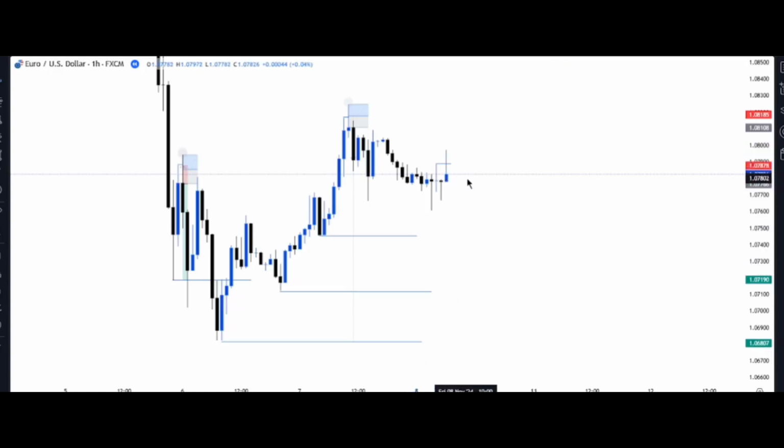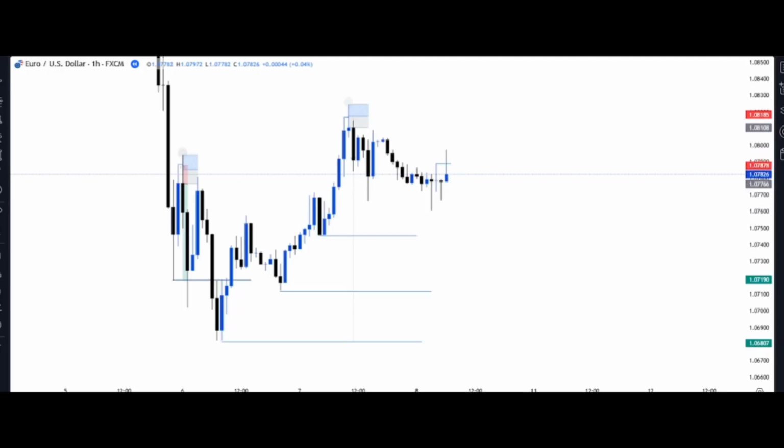It took it out. Can you see that? And then after taking it out, price closed inside of this candle range. And look at the wick of this candle that took out the high of the previous candle. It is far greater than the body. This is perfect. This is what we want.